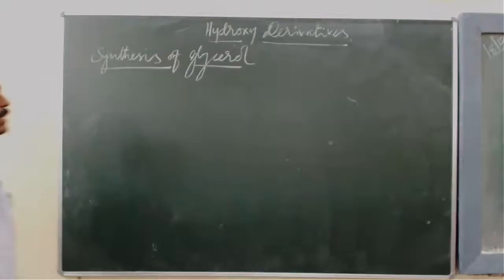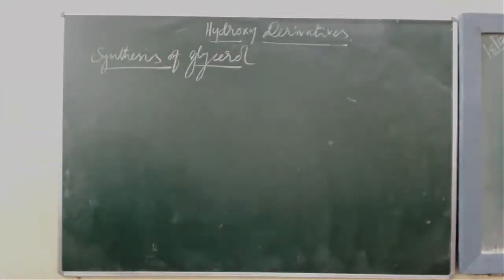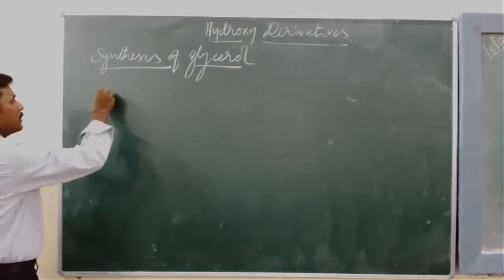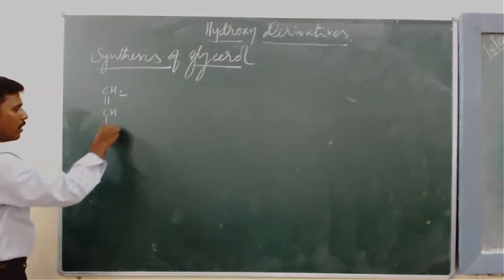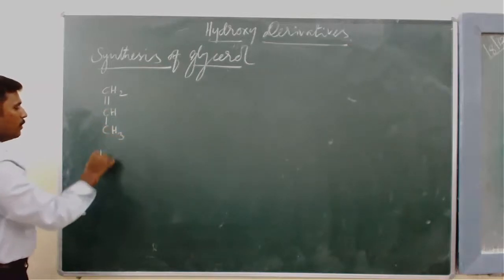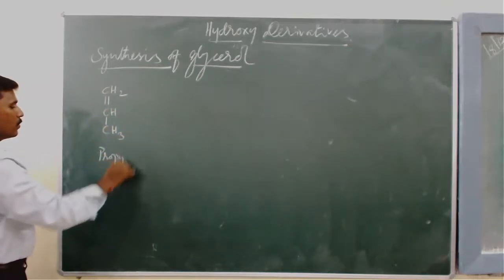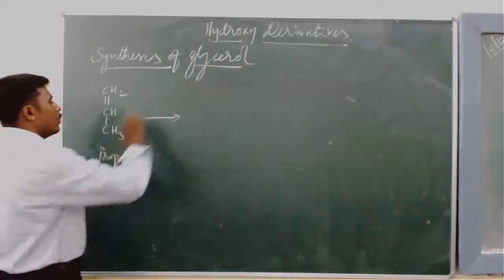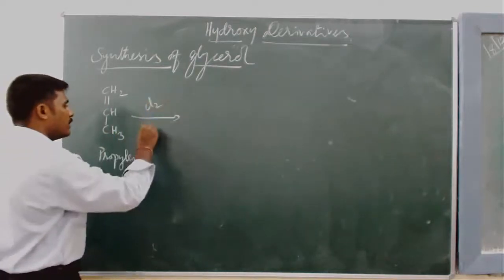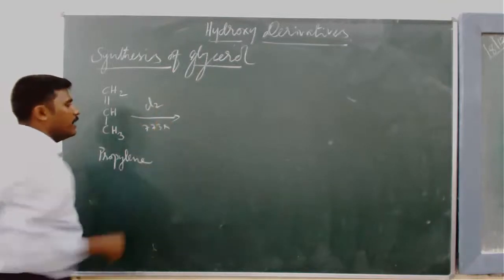Synthesis of glycerol from propylene. Propylene means CH2 double bond CH bond CH3. In first step, we are going to add chlorine at 773 Kelvin.